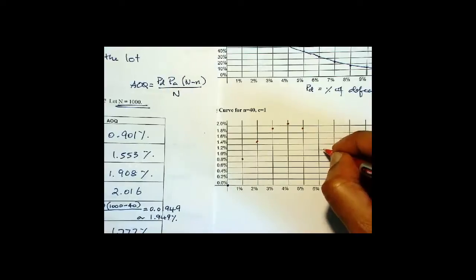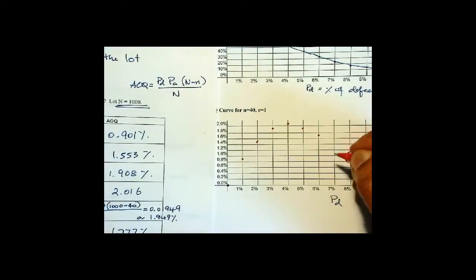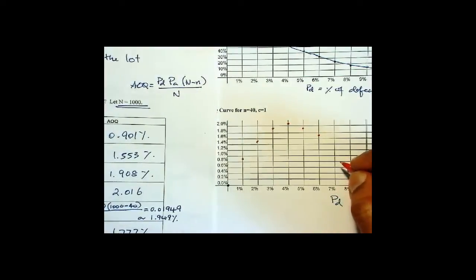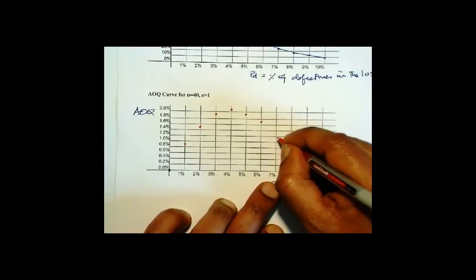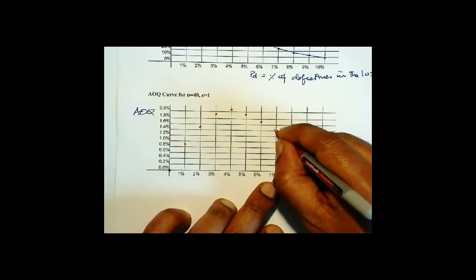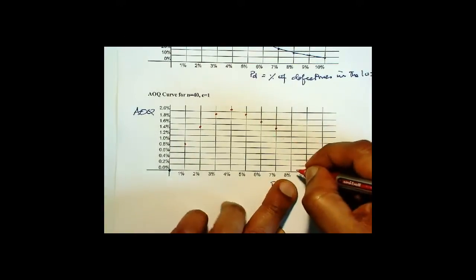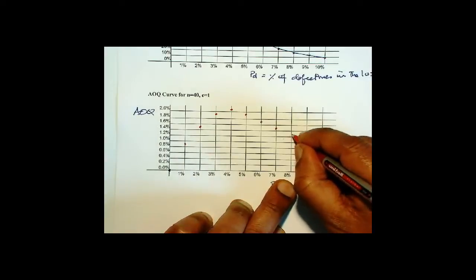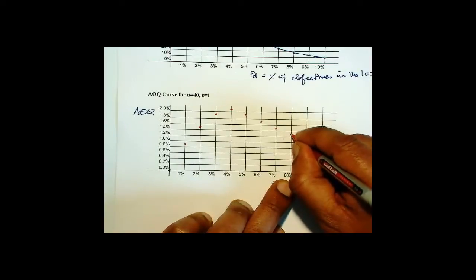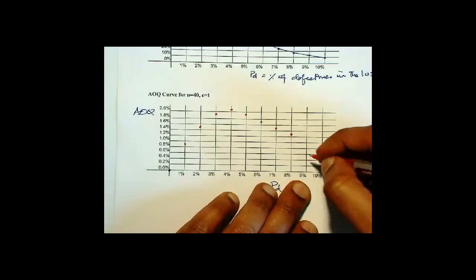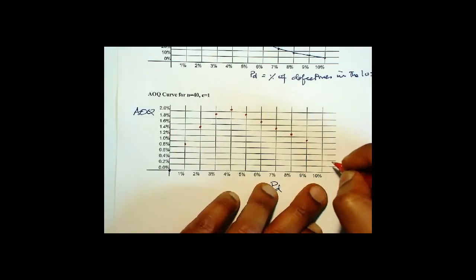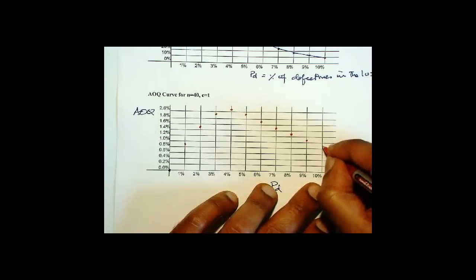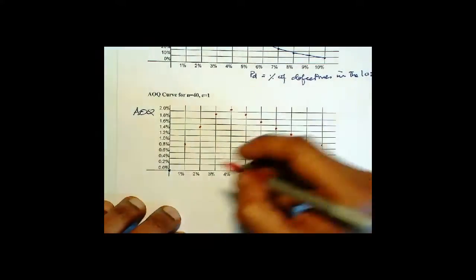Then 1.777, and then 1.553, 1.315, 1.086, and 0.879.